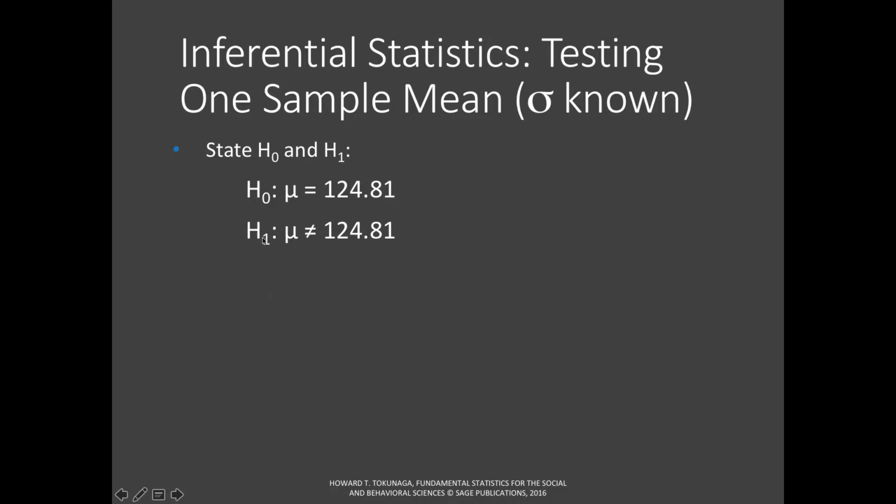Our second, alternative hypothesis is that the mean of the population is not truly 124.81. So this means that if we accept this alternative hypothesis, our mean is a more accurate representation of the population than this population mean, or there's some difference between our population and our sample. Okay.